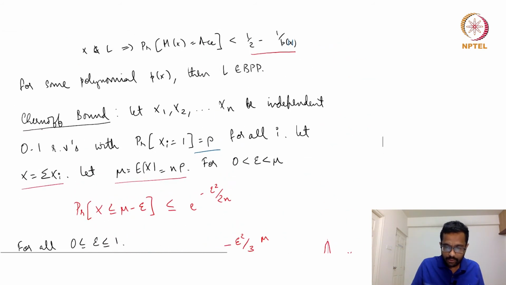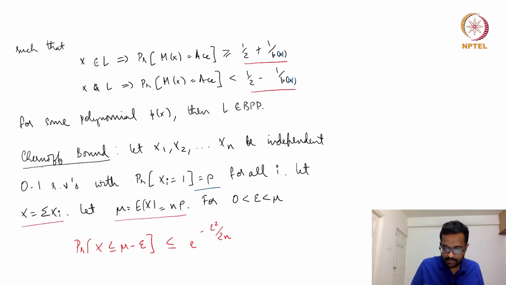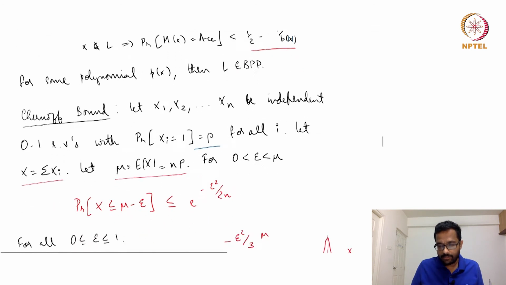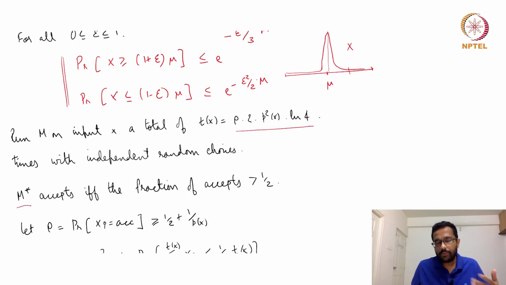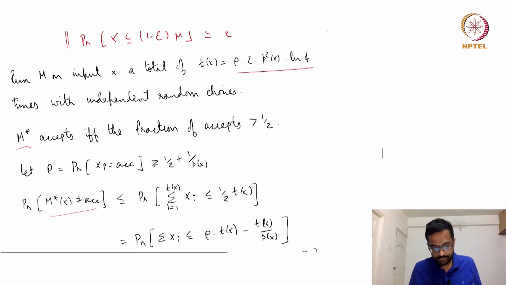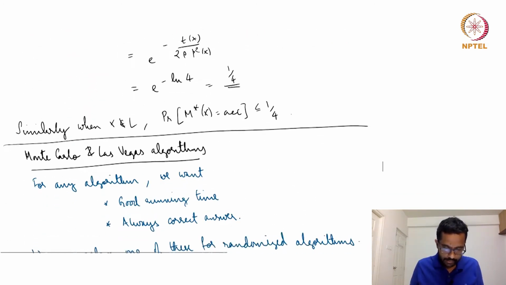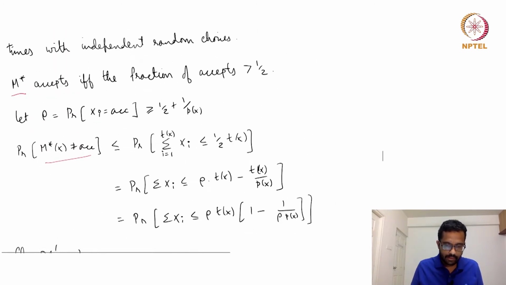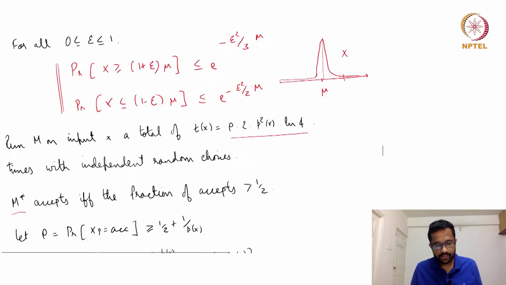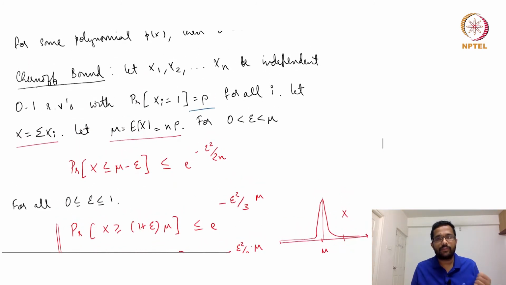That's why it was important to have a polynomial 1 by p(x) here. If instead we had 1 by 2 power x, this would not have worked, because we would have to repeat exponentially many times. So that is about BPP and how we can boost the probability of success in BPP.